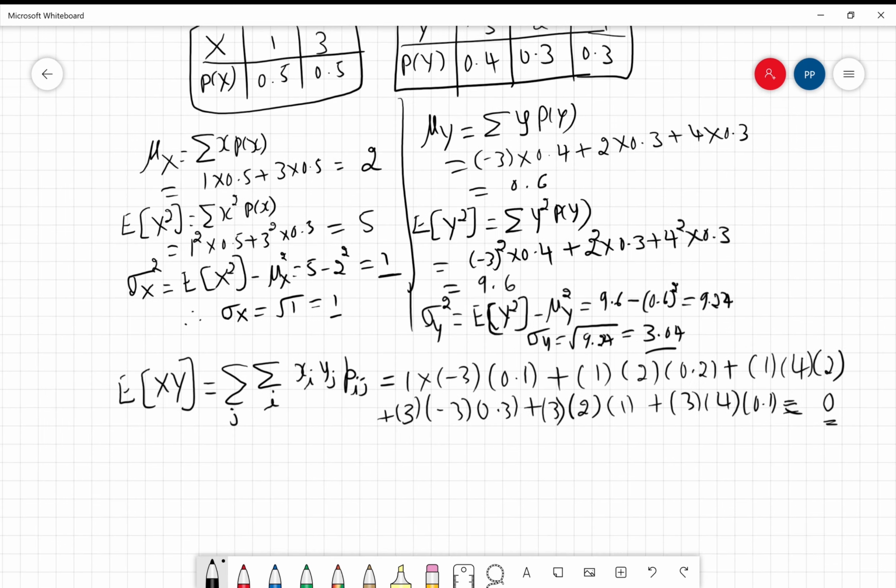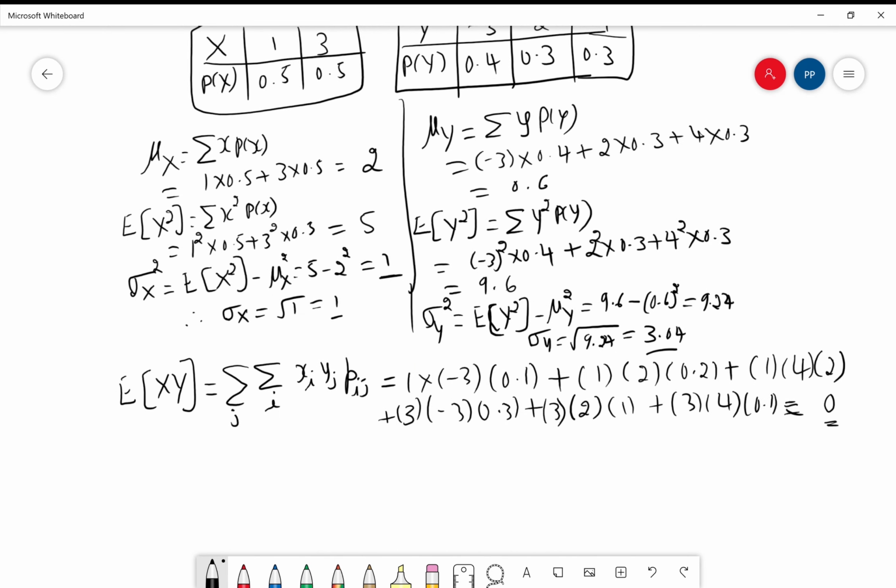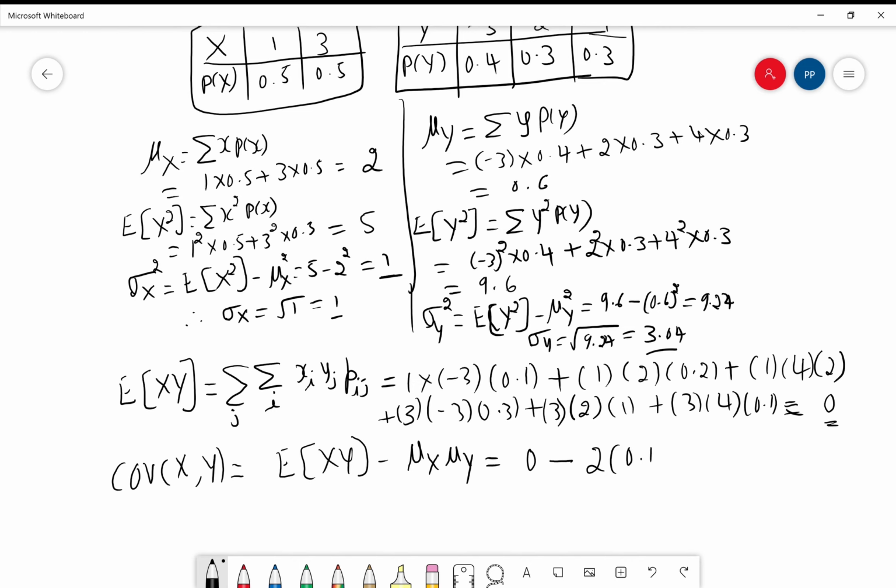Here you're getting 0. Now, we require covariance of x comma y, which is nothing but expectation of xy minus mu x into mu y, which equals 0 minus mu x is 2 into 0.6. This is the product of this. You are getting it as minus 1.2.